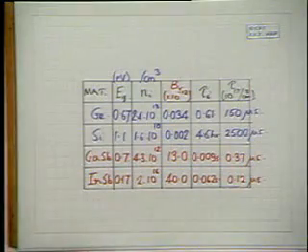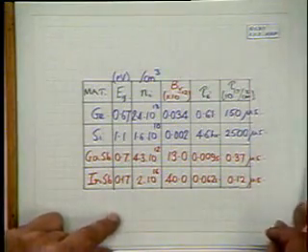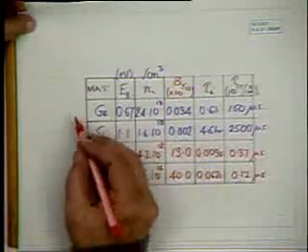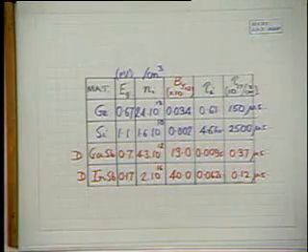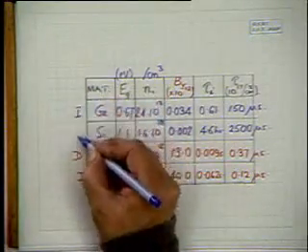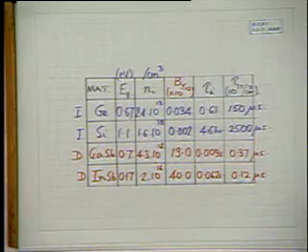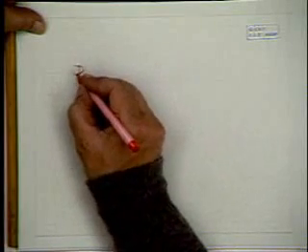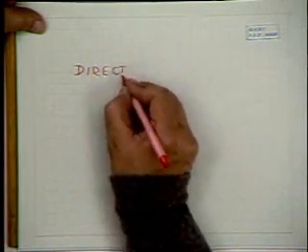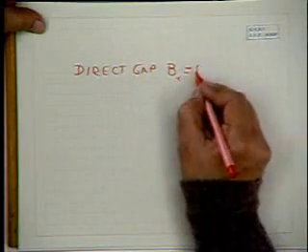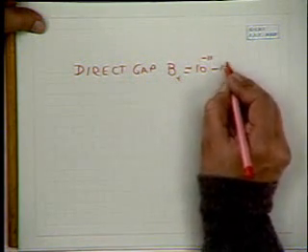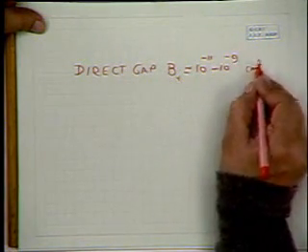So in general, one can say that these are obviously direct gap semiconductors, and these are indirect gap semiconductors. So one can say that for direct gap semiconductors, BR is in the range 10 to the power minus 11 to 10 to the power minus 9 centimeters cubed per second.